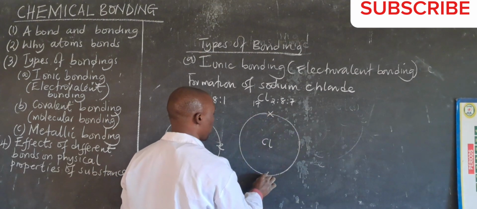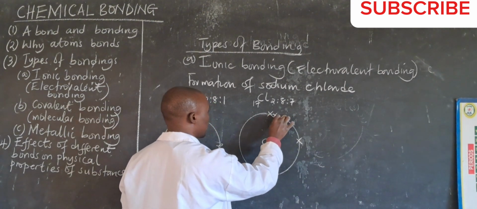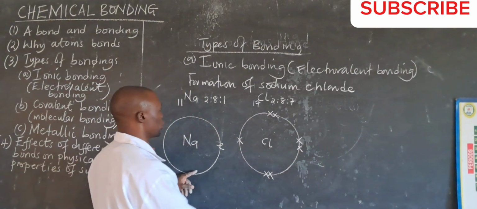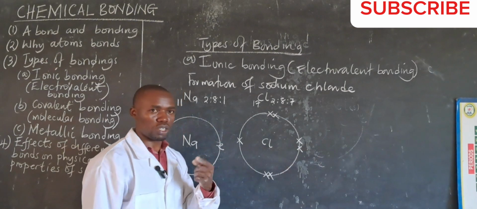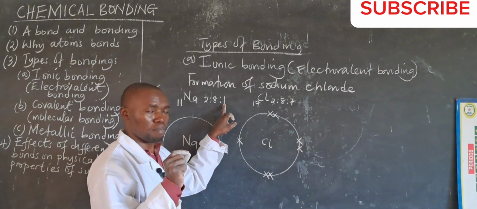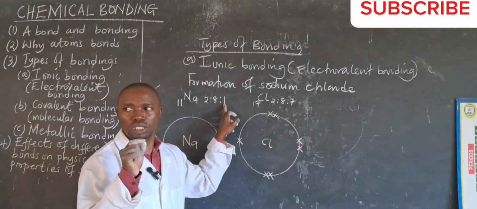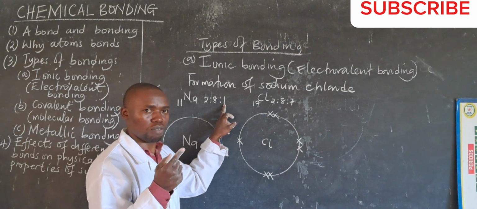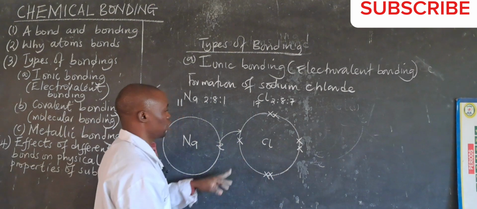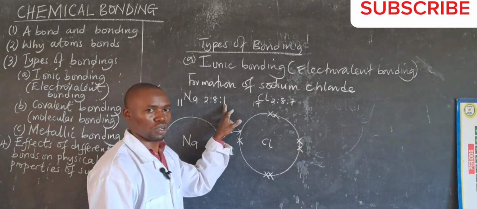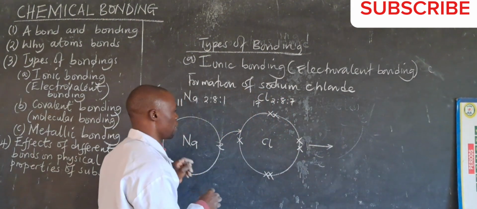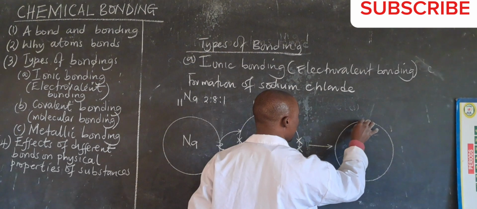We can represent electrons with dots, or crosses, or we can put the electron itself. Since this bonding involves transfer of electrons to gain stability, sodium will lose 1 electron. Metals, because of having few electrons, from 1 to 3, have to lose that electron. So you give this electron to chlorine. By transferring 1 electron from sodium to chlorine, chlorine gains 8. So this is what becomes of the structure. Remember, sodium has 8.